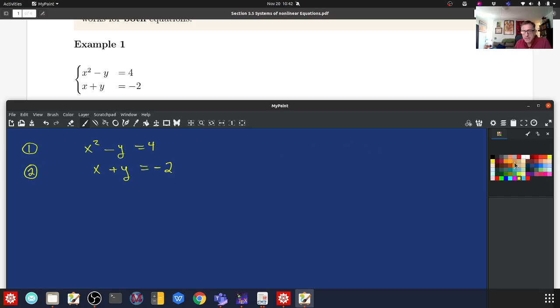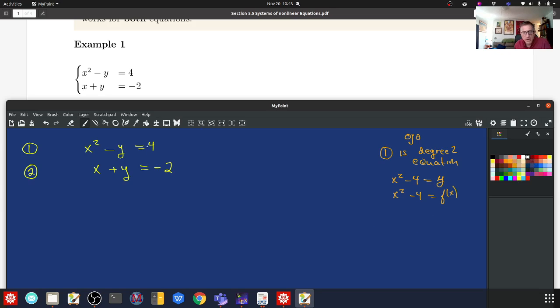So here's some things to take note of. Equation 1 is quadratic, or we'll say a degree 2 equation. We could actually rewrite equation 1 as x squared minus 4 is equal to y, or x squared minus 4 is equal to f of x, with the replacement of y equal to f of x.